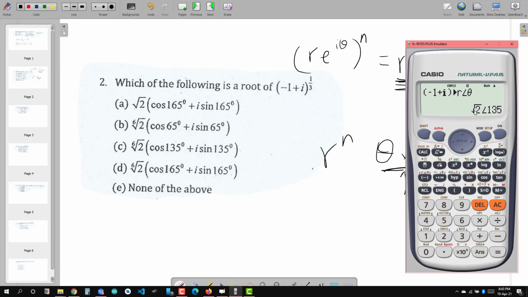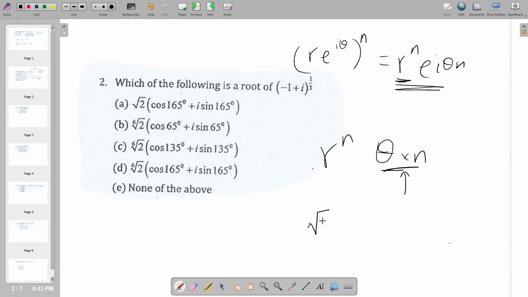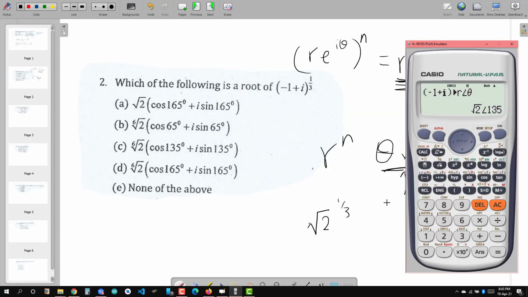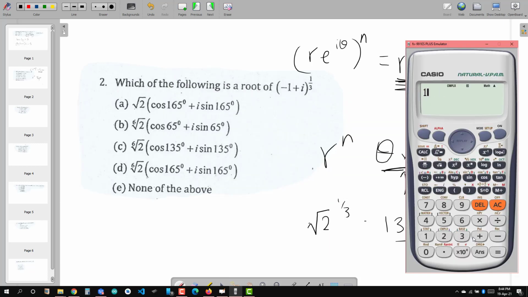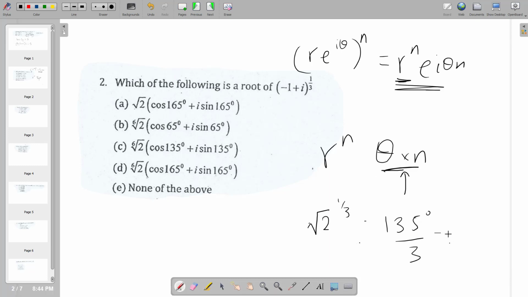So our magnitude is square root of 2, so root 2 raised to the power n, which is 1 over 3, and then our argument is 135 degrees. We multiply that by n, which is 1 over 3, so 135 degrees divided by 3. This is going to give us 45 degrees. So our argument is 45 degrees.